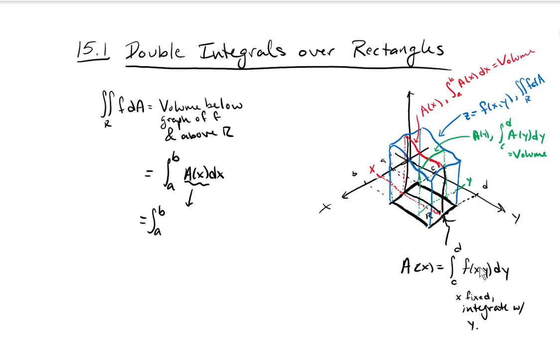Well, then all we have to do is plug in this expression for A of x over here, and we get this. And so this is the type of double iterated integral I mentioned at the end of the last video.